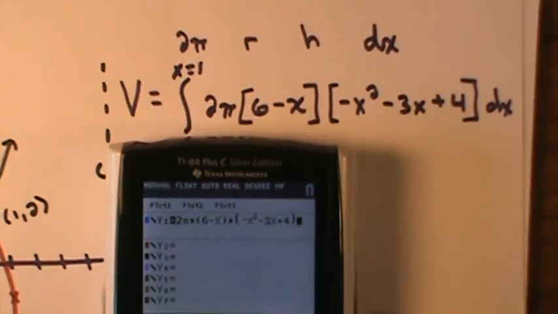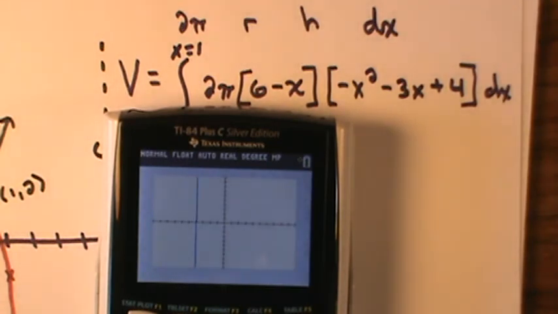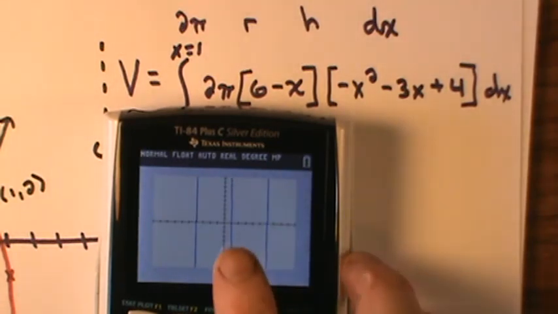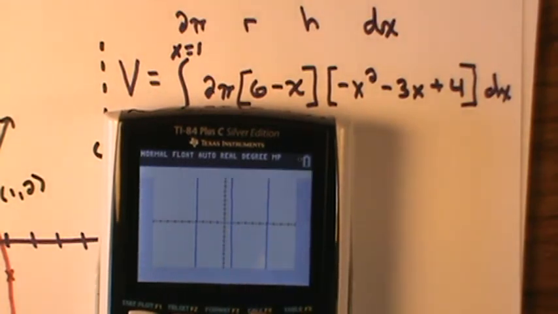And then I'll do my zoom 6. What I'm interested in is this region from 0 to 1. So I'll go second, calc, option 7. I'll start at 0, it asks for a lower limit. Then it asks for the upper limit, I'll end it at 1, and it will shade that in.